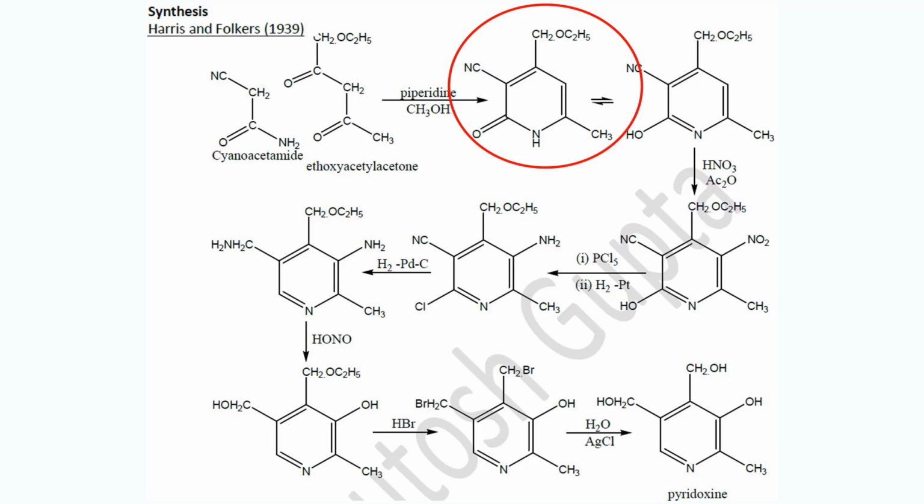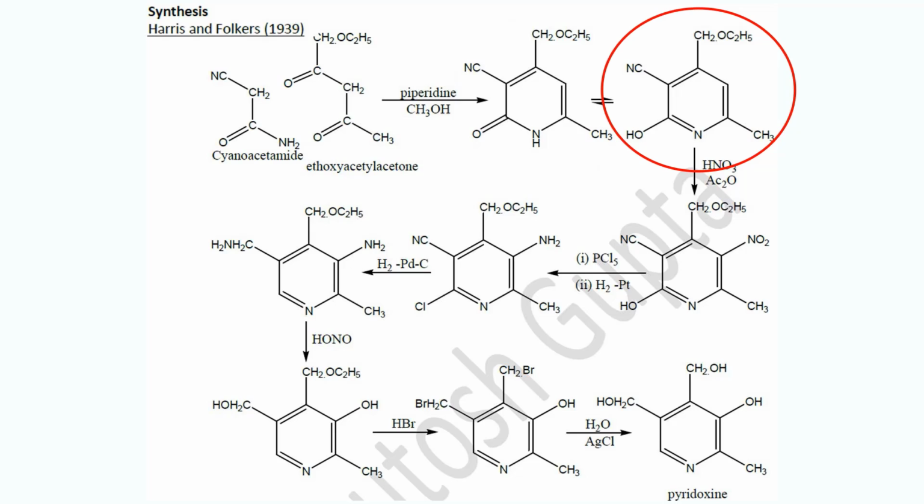It undergoes tautomerization, leading to the formation of C-OH and a C=N double bond. This, when treated with nitric acid and acetic anhydride, gives the nitro product.